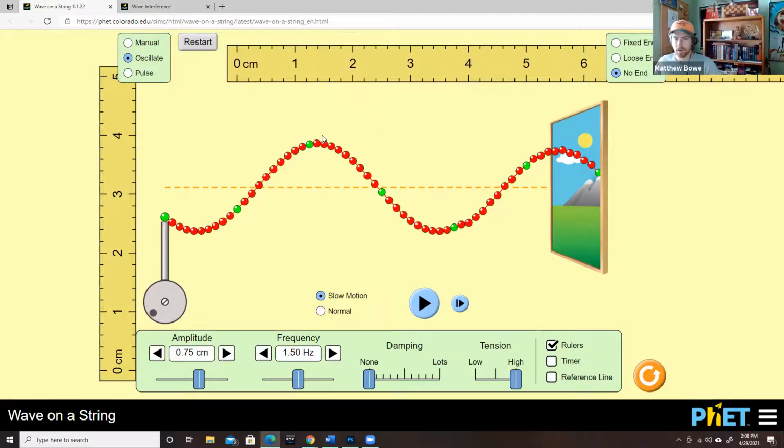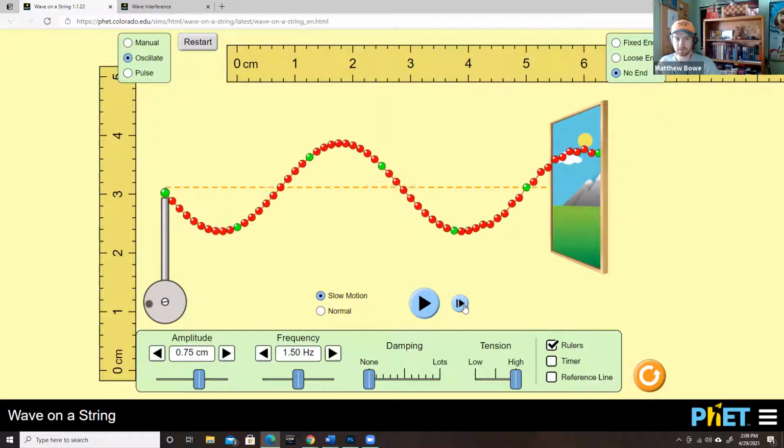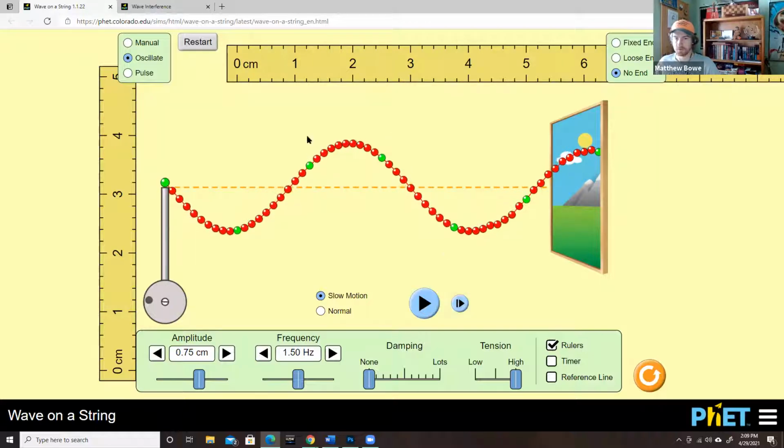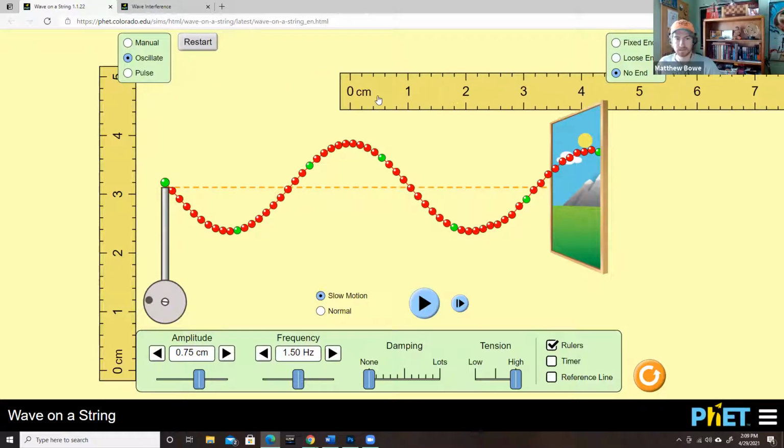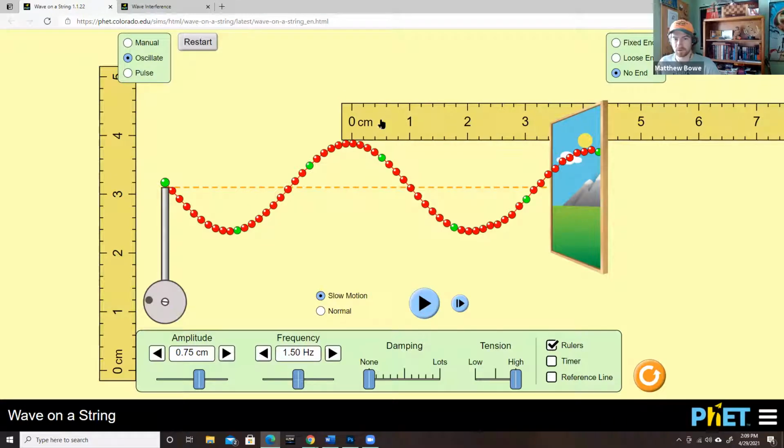How far is the wave going to travel? Well, it's moving to the right. Let me step through a couple of frames. So let's find some starting point. Let's say I measure from the top of the wave right here, and I put the 0 mark right at it.